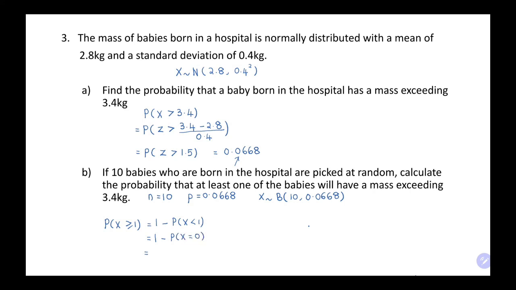So we use the formula nCr. n is 10, C 0, p 0.0668 to the power of 0, and q 0.9332 to the power of 10. Then we solve, we get the answer 0.4991.